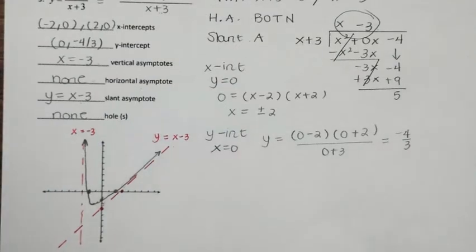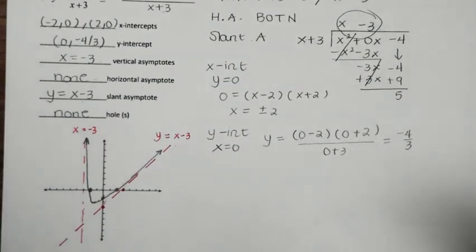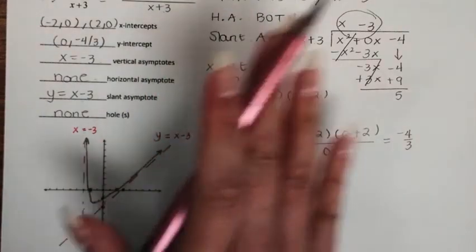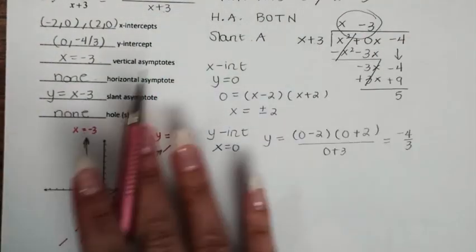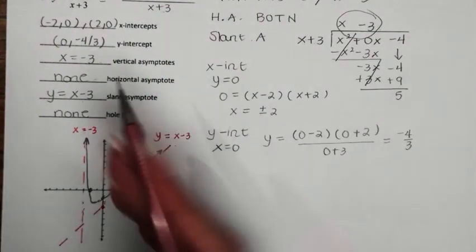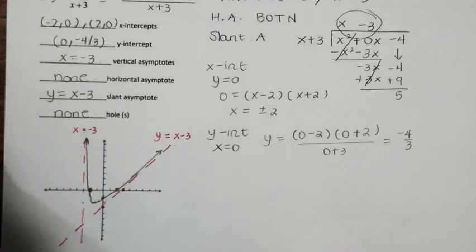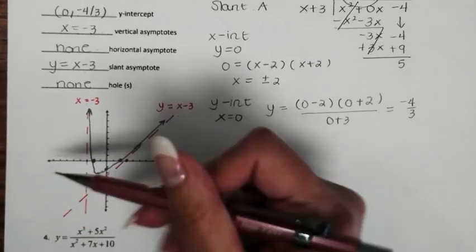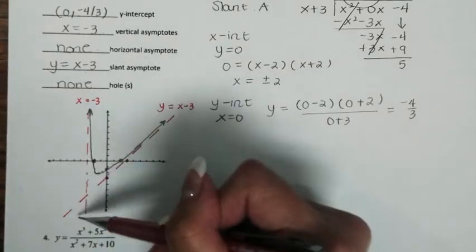So we have that chunk, and you are going to tell me that's it. Well, no. Remember, you have a vertical asymptote, so you already have the right side of it. Now we need the left side. Where is that left side? Well, you have two options. It's either above your slant asymptote or below.